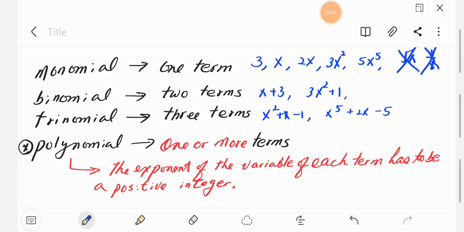A polynomial is an expression that contains one term or more. Each term, if it contains a variable, then the exponent of the variable has to be a positive integer. Okay, that's the definition of a polynomial.